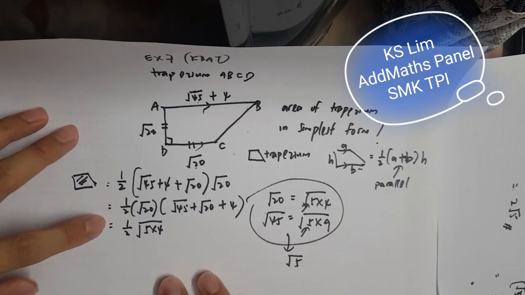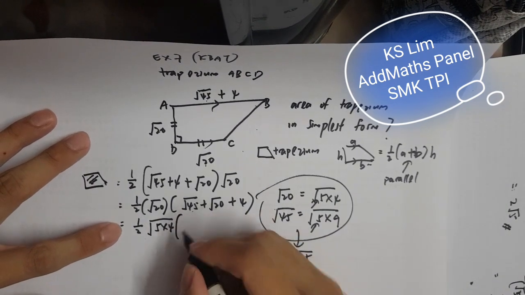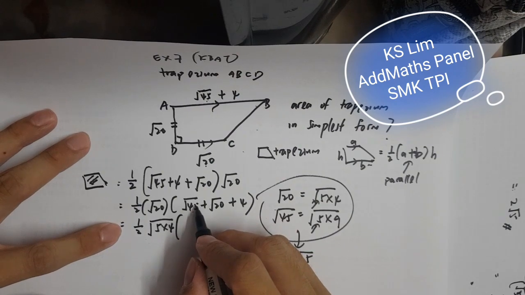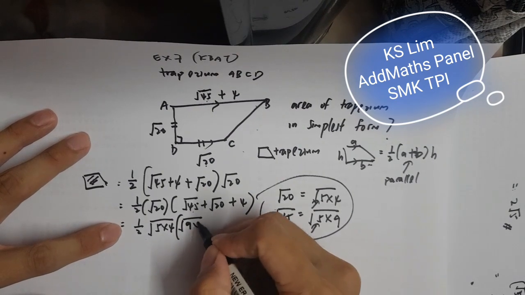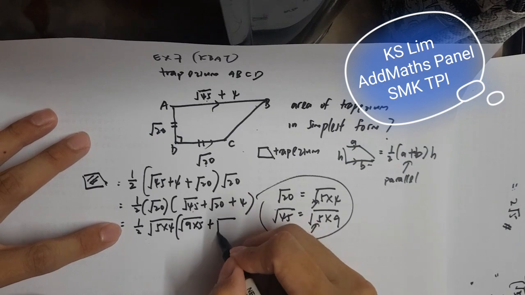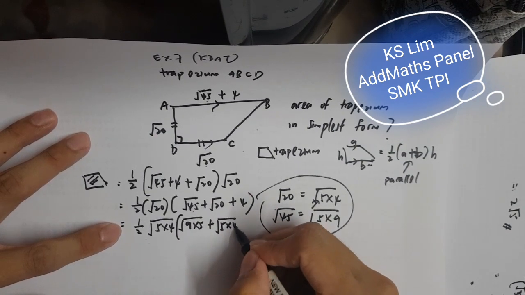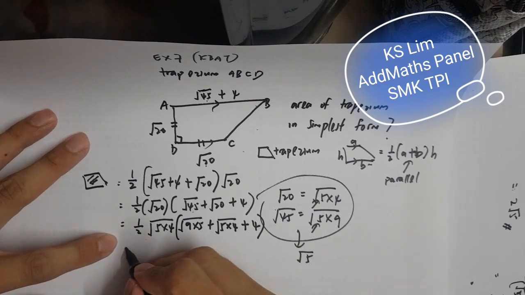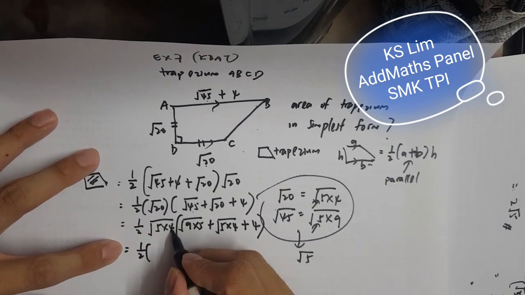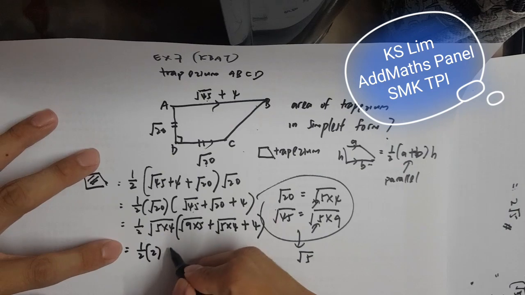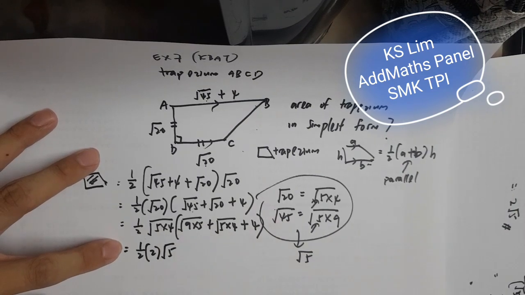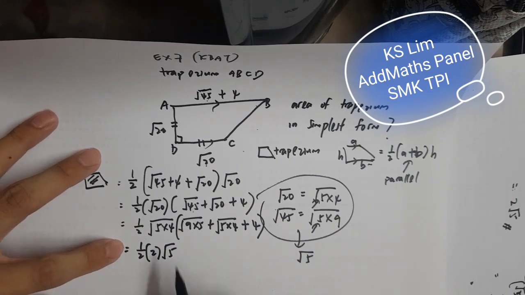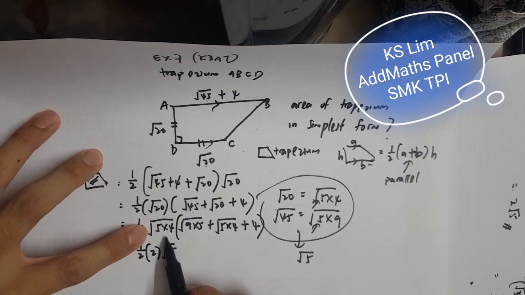Then this one I also make the same. Square root 45 is 9 times 5. Square root 20 is 5 times 4. This one remains unchanged as 4. Now, square root 4. Square root 5 multiplied by square root 4.